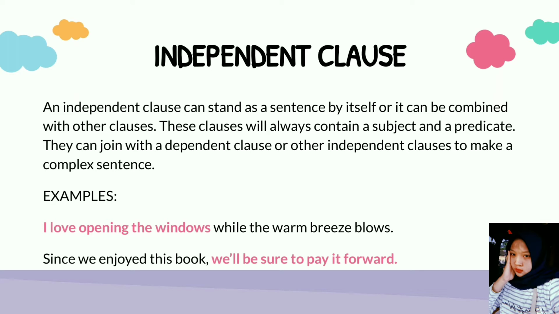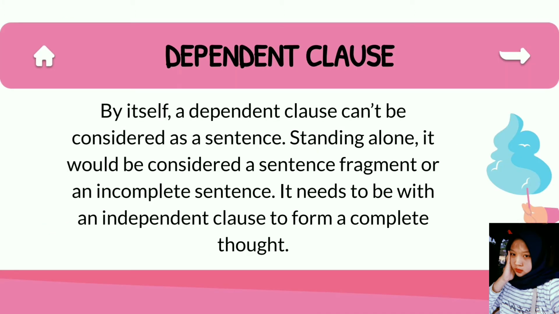Example: I love opening the windows while the warm breeze blows. Since we enjoy this book, we'll be sure to pay it forward. The red words are independent clauses because they can stand as a sentence by itself or be combined with other clauses. And the next material is dependent clause.